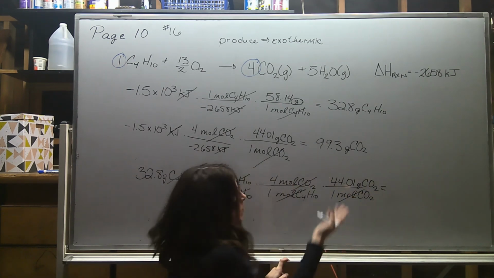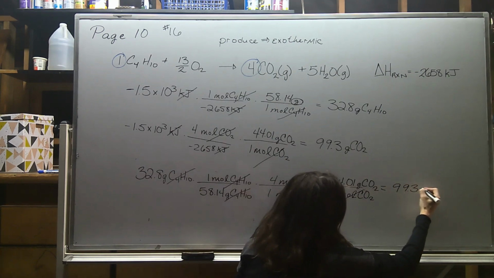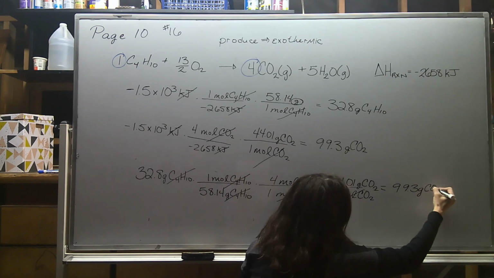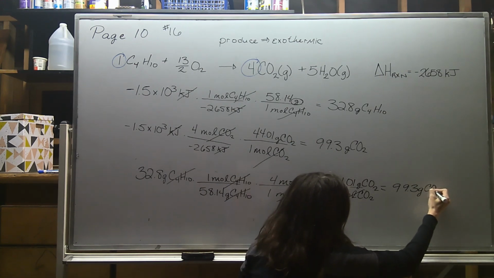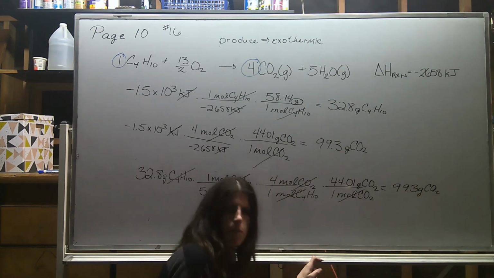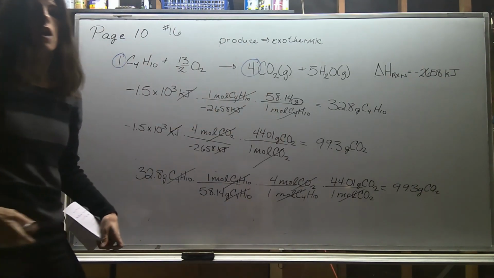And when I plugged this all in my calculator, I got the same answer as before, the 99.3 grams of carbon dioxide. So it really doesn't matter how you set this problem up or how you go about solving it. You should get the correct answer regardless of your approach.